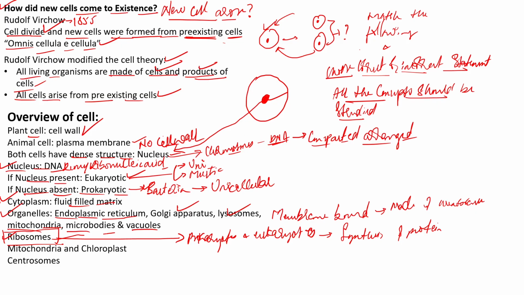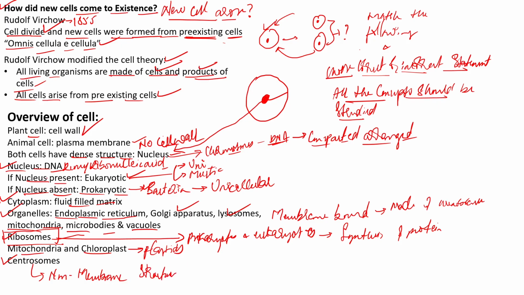Remember this. Along with this, you also find one more organelle, the chloroplast. I have mentioned the mitochondria earlier. We also find one more structure exclusively in plant cells, that is the chloroplast, commonly called the plastids. And one more structure is the centrosomes. Remember, the centrosome is a non-membrane structure.